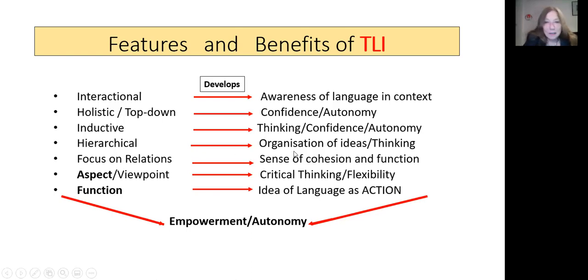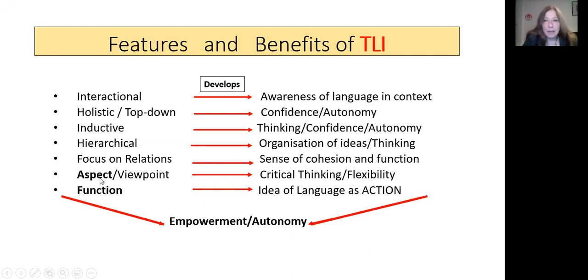It's hierarchical, which helps with the organization of ideas and with actual thinking. Focus on relations builds a sense of cohesion, how the text connects together, and also of the function of the text. And aspect and viewpoint focus, this develops critical thinking and flexibility.